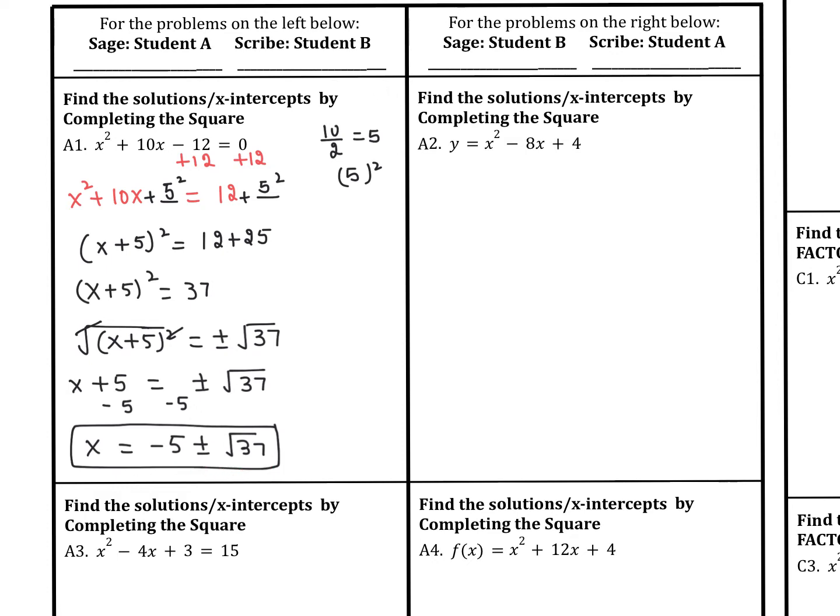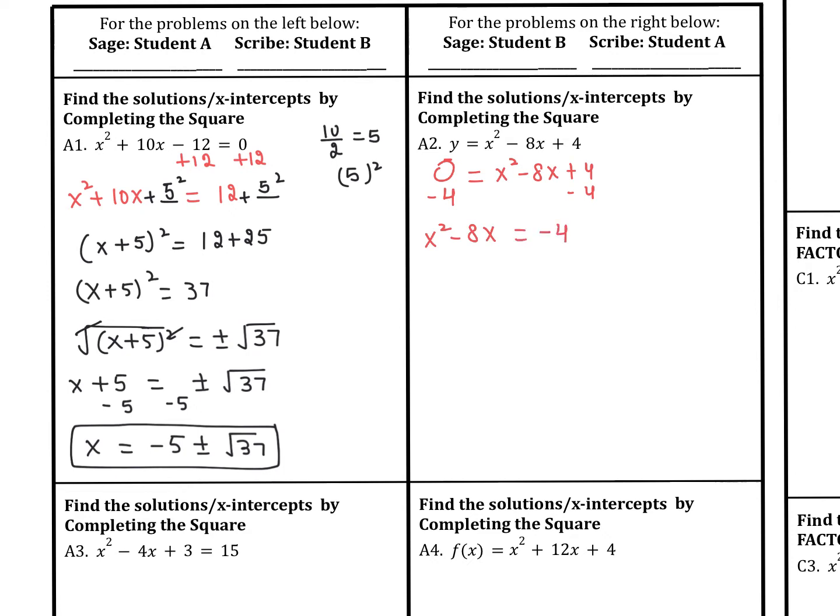Just for the idea, if A2, y equals x squared minus 8x plus 4, you can set y as 0, because once you find the x-intercept, you set y equals 0. And then subtract the 4. You got x squared minus 8x equals negative 4.